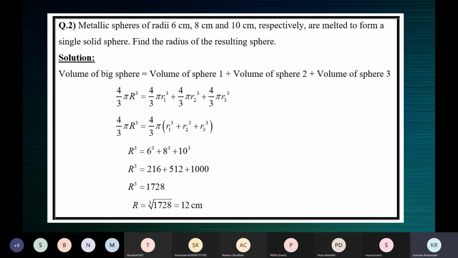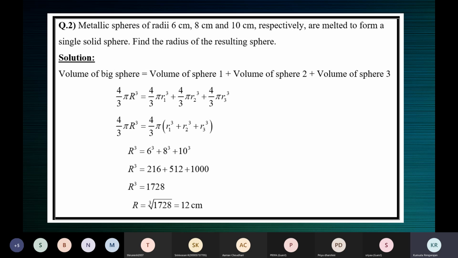You can see the difference there: R1, R2, R3 represent the radii of the 3 small spheres, and the radius of the big sphere is capital R.